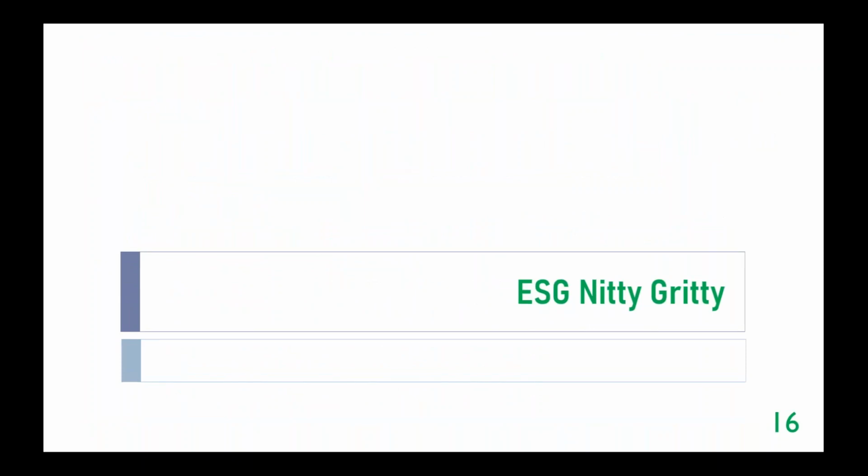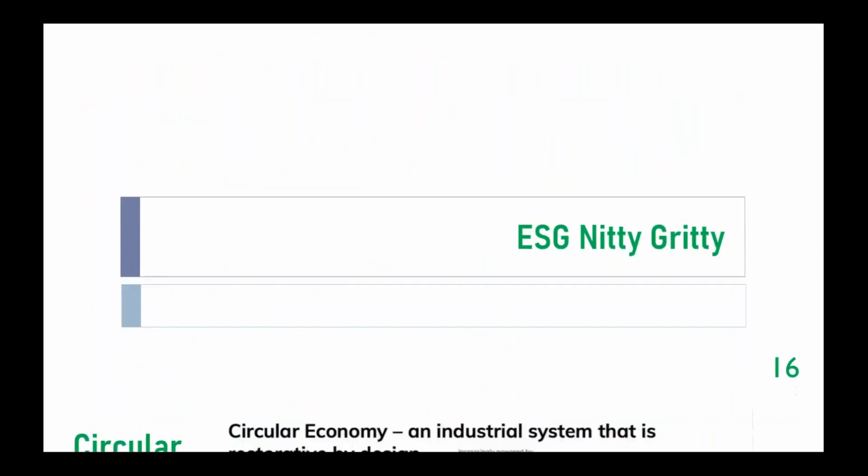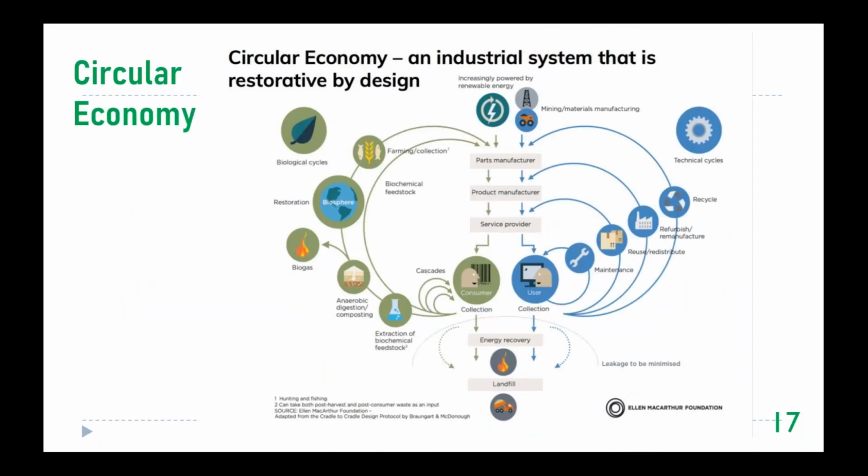So now let's get into a little bit more of the ESG nitty-gritty. As I said, please ignore all these details. This is something you can go back and look into later, getting into how a circular economy can be established. Companies talk about product lifecycle management, customer lifecycle returns, including all production and supply chains, which have to be end-to-end.